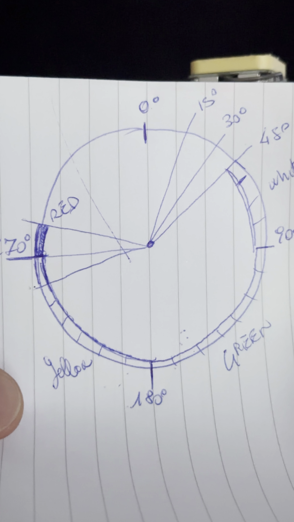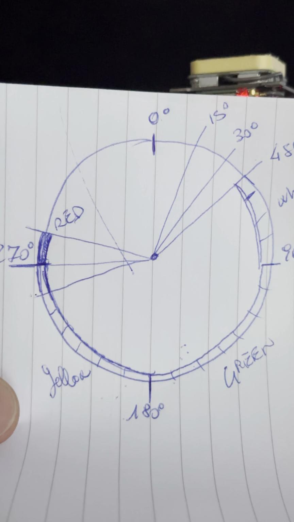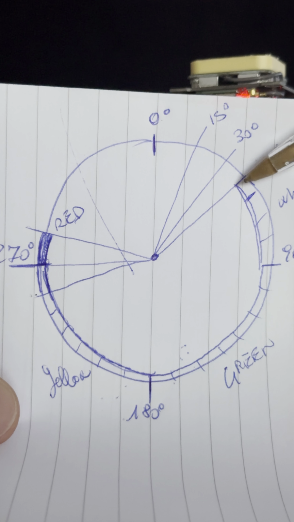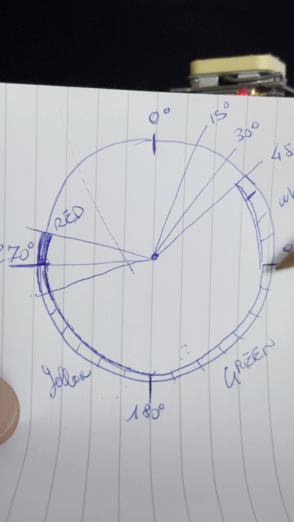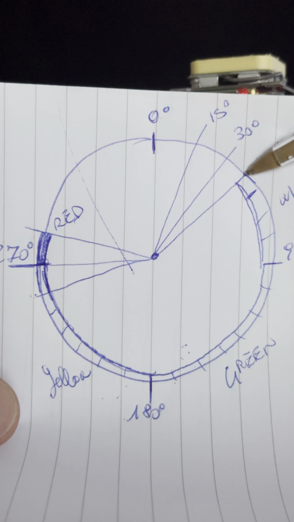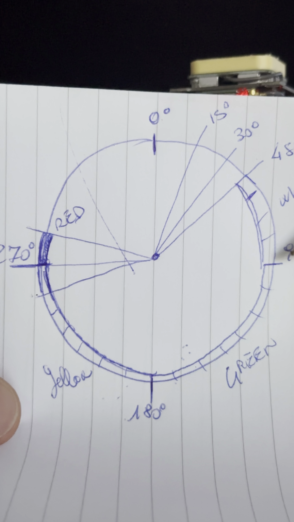Now, how does it work? It works by degrees. You set where an arc is going to start and where an arc is going to finish. For example, the white arc starts at 45 degrees and ends at 90 degrees.